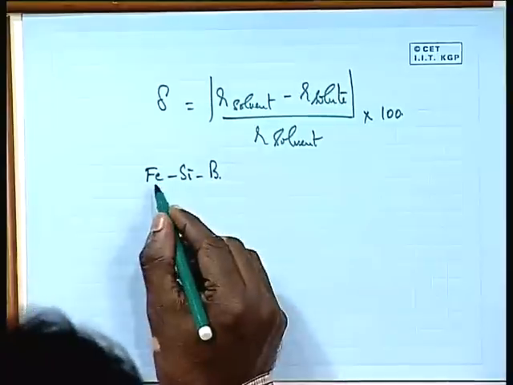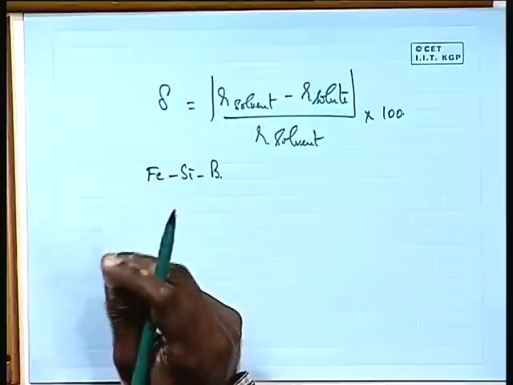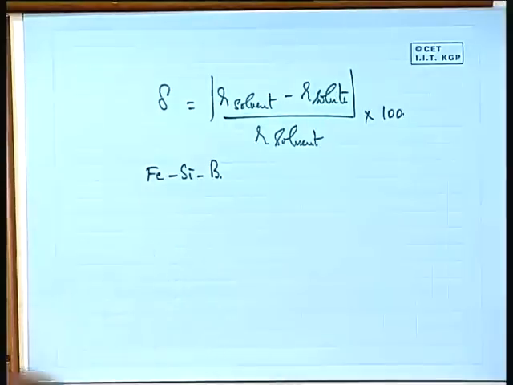And when people tried to make iron boron or iron silicon boron glass, they found that this alloy has a much smaller hysteresis loop, much smaller losses than the conventional iron silicon alloy, and much higher permeability. That means the magnetization is much higher and the losses are much lower.